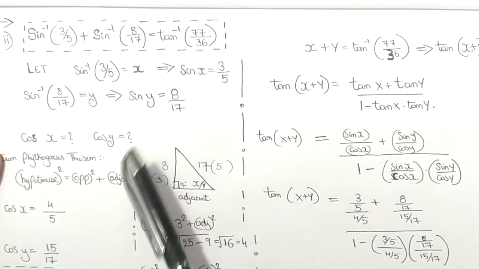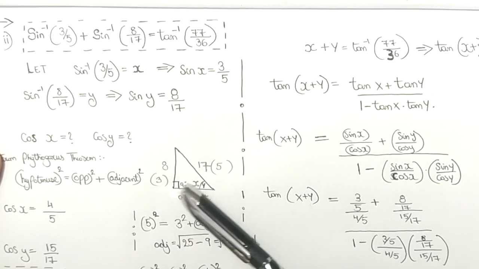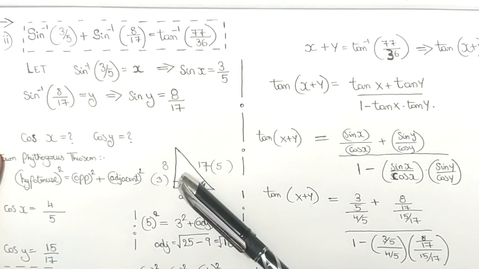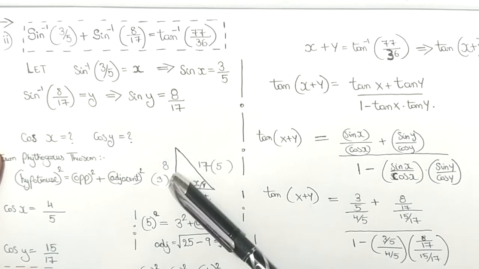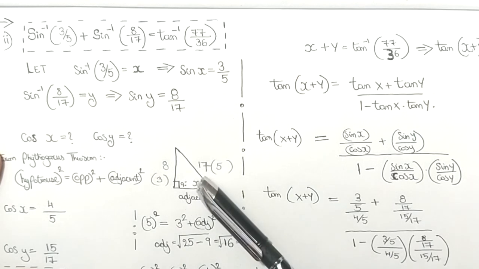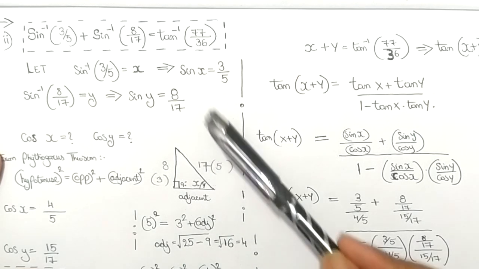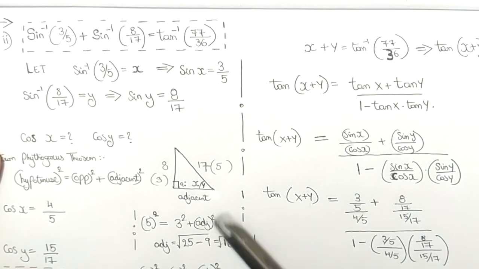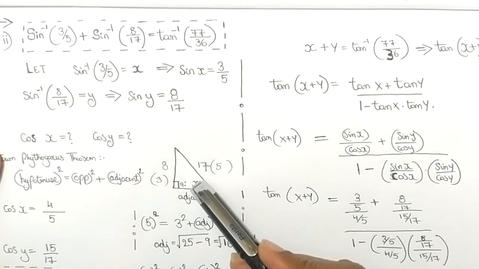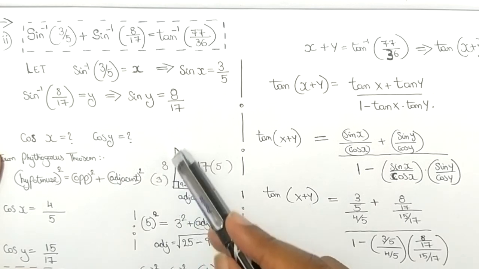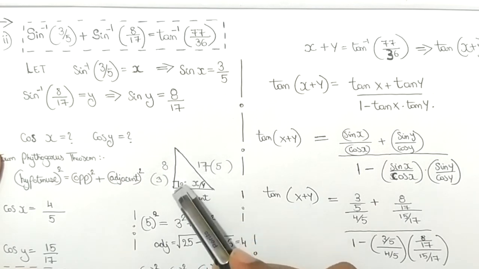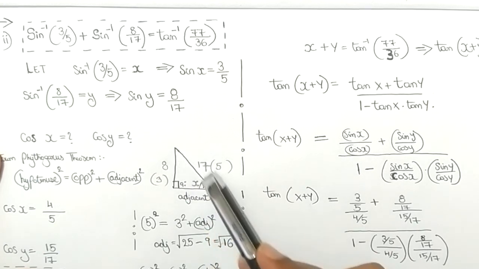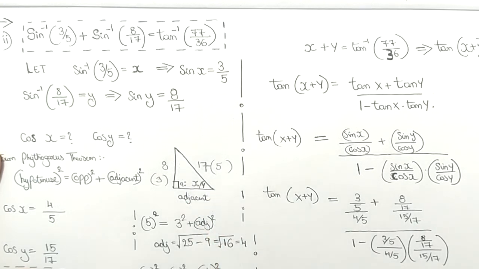Just draw a right angle triangle with the 90 degree angle, and somewhere here or here assume the given angle. Here there are two angles, x and y. Assume that angle. Now for x, the opposite side is this side, the adjacent side is this side and the hypotenuse is this side. You can see in the diagram.